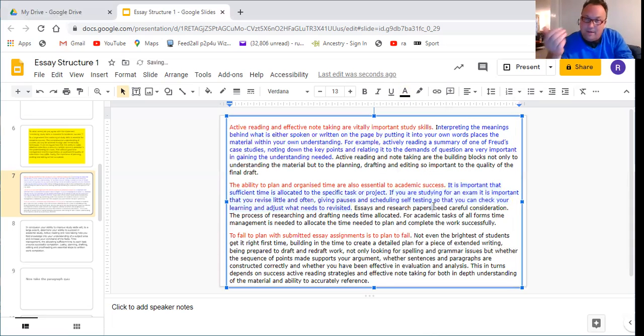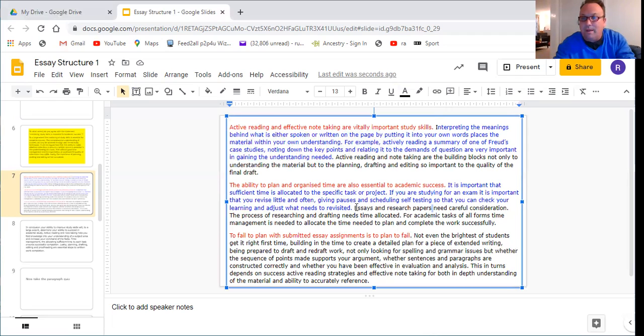So topic sentence, the ability to plan and organize time are also essential to academic success. So to support that, it is important that sufficient time is allocated to the specific task or project. If you are studying for an exam, it is important to revise little and often, giving pauses, scheduling self-testing so you can check your own understanding.